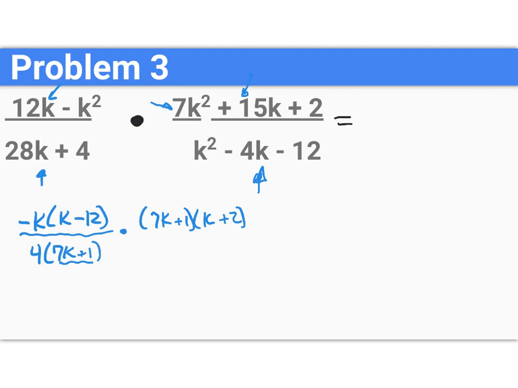The last make 2, 7K. All right, that works. And then what are the factors of 12 that add to 4? 6 and 2. So we get K minus 6, K plus 2.